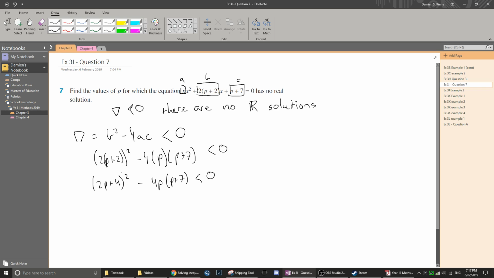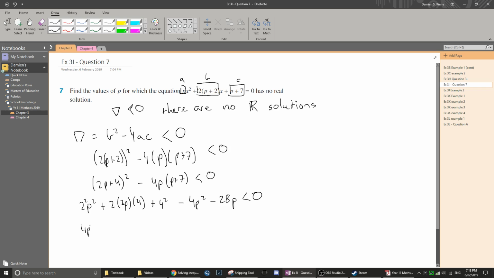So this one, okay, we can expand this binomial either using FOIL, the distributive law, or if you know the shortcut to a square, we can do that. So we get 2p all squared plus 2 times our first term times our second term plus our second term squared, minus, and we can do this, 4p squared minus 28p, all less than 0.